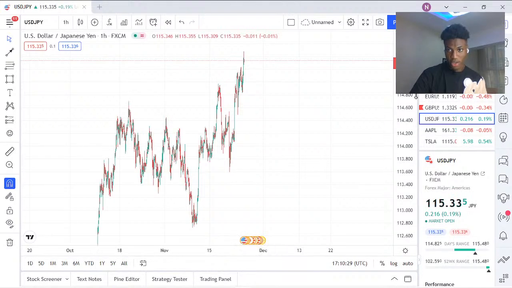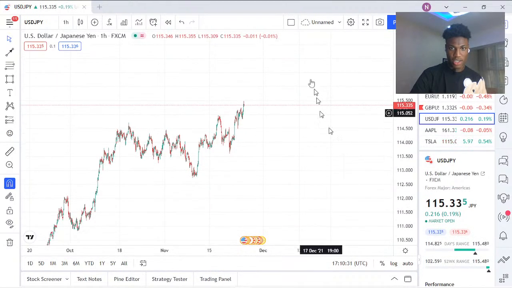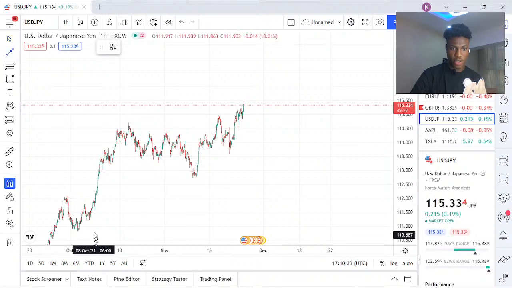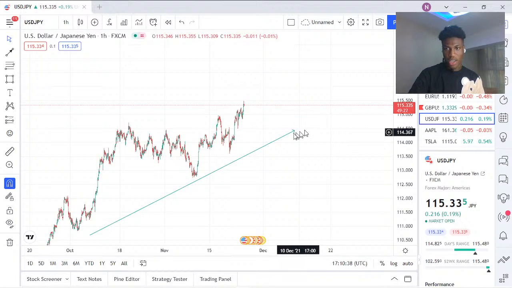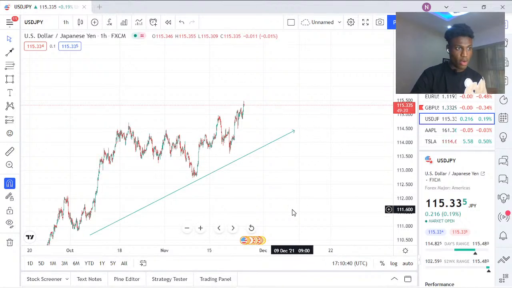Now, a bullish market is the exact opposite. USD JPY, where is it heading? Upwards. So you can easily call this a bullish market.